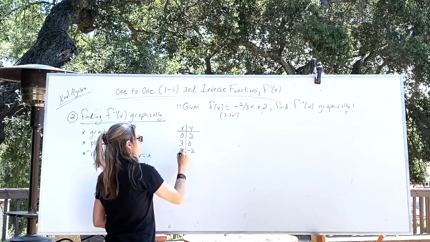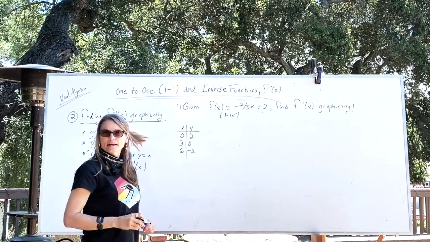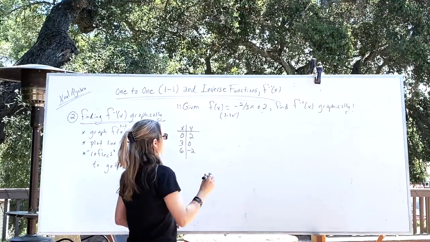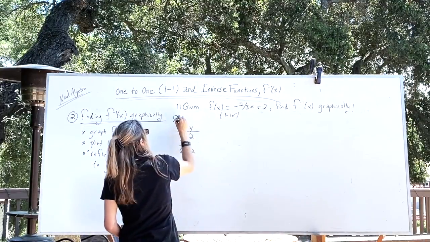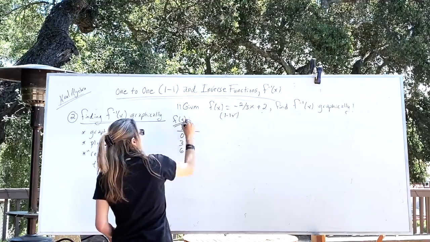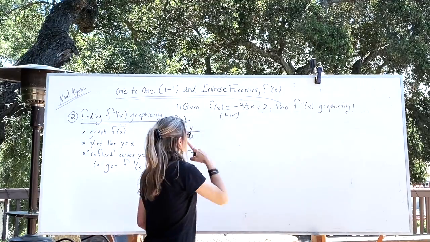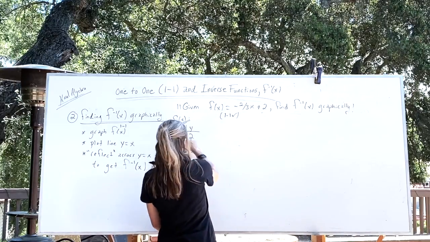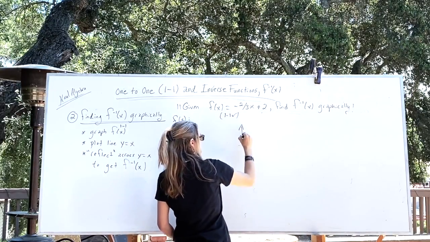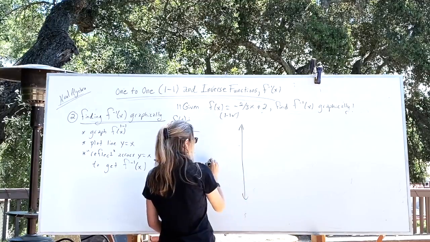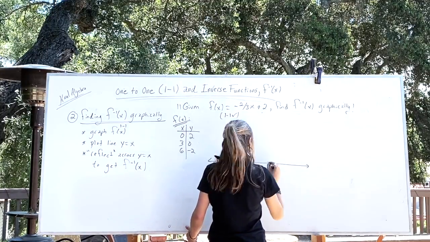So if x is 6, I get negative 2. It looks like I have enough points to get a decent graph. So this is for f of x, which I want to keep distinct from my f inverse of x, my inverse function. I'm going to give myself some good space along the x-axis here.